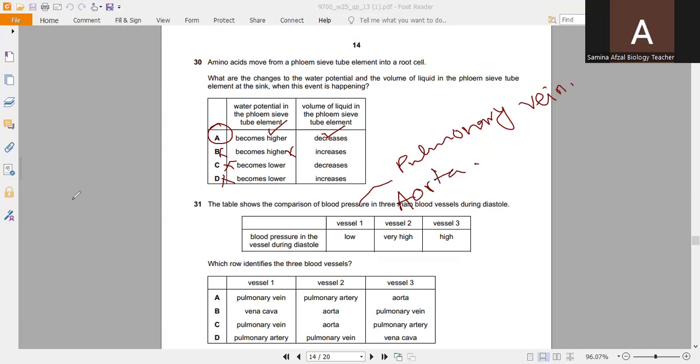So the aorta will have the highest pressure, and below the aorta there will be the third one, that is the pulmonary artery, because the pulmonary artery carries blood away from the right ventricle to the lungs.